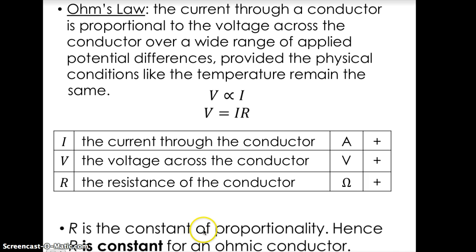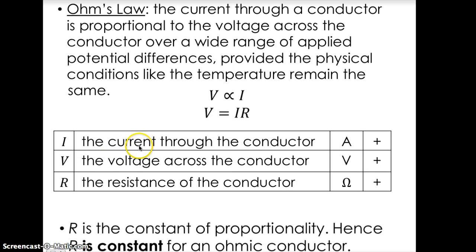It doesn't change. No matter what you do to the voltage, if you change the voltage, I will adjust in order to produce the same resistance in the material. That's Ohm's Law. Be able to recite this verbatim from memory for the IB physics test.